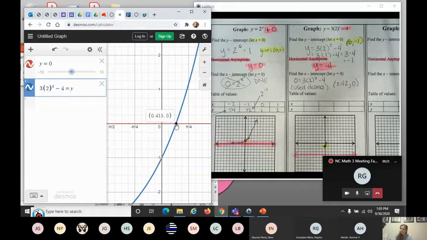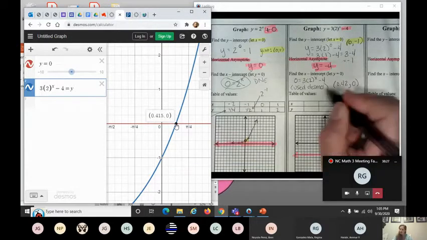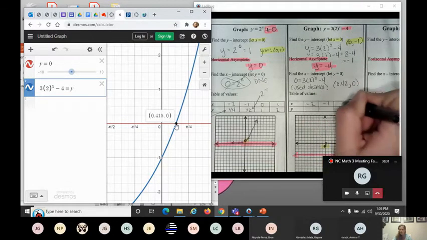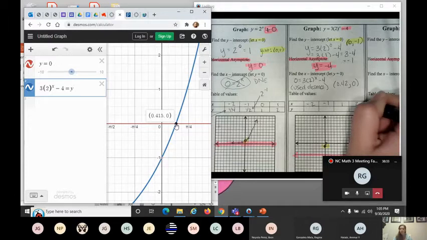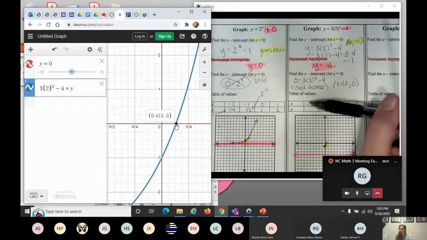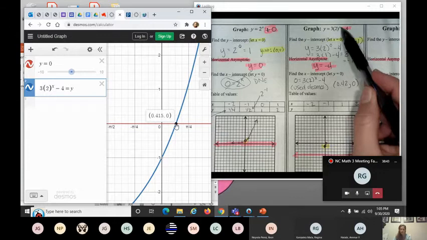Okay, and then I'm going to do kind of values around my y-axis again. So I'm going to do -2, -1, 1, and 2. And I'm just putting these values into my calculator. I stick -2 right in for x.